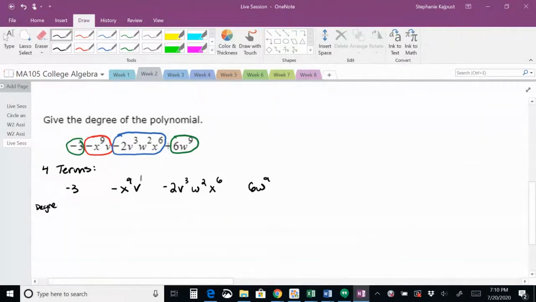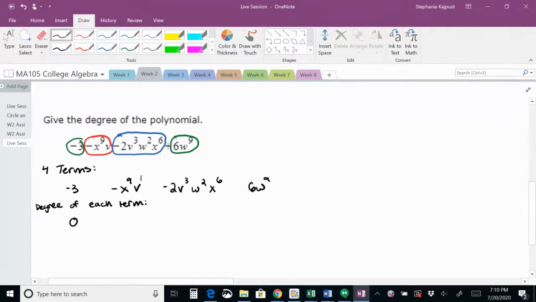So the -3 has no variable, so it has a degree of 0.